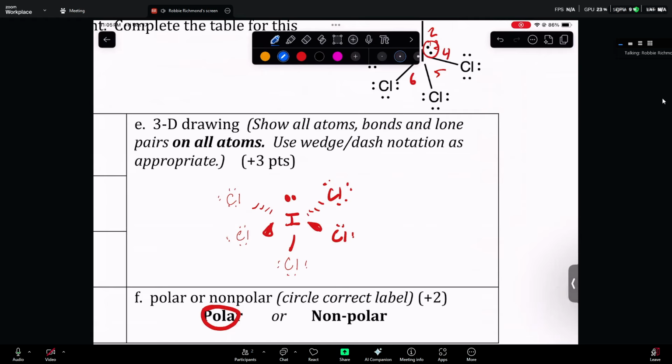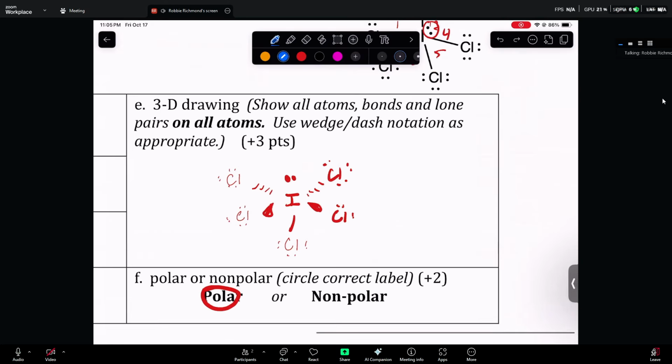But if you want to look at it in the dipole vector addition manner, you can see all these guys right here, the dashes and the wedges, they're on a square plane. So if we have all 4 of these on a square plane on each 90-degree corner, they all cancel out. So this dipole cancels out this dipole.